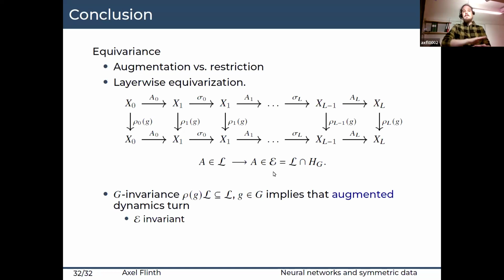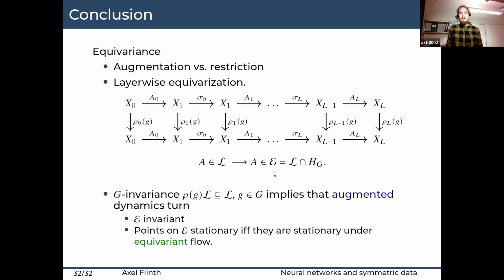The space of equivariant weights turns into an invariant set of the dynamics. We get an equality of stationary points between the equivariant flow and the augmented flow on E. And we also get this ensemble result that the ensemble trained on augmented data will become equivariant.